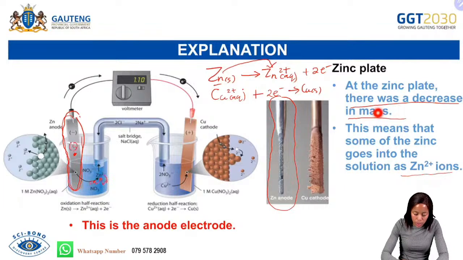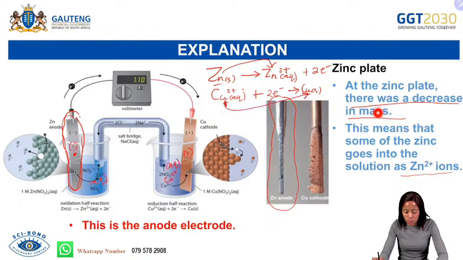On this side, what are we saying? We are saying that the Cu2+ aqueous is moving from the electrolyte to what? To the electrode. So on the copper side, we are moving from the electrolyte to the electrode. On the anode side, we are moving from the electrode to the electrolyte.